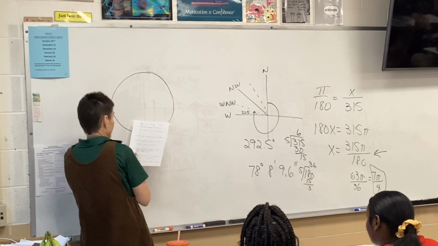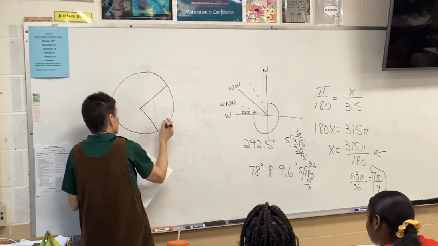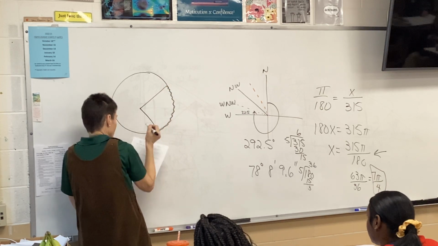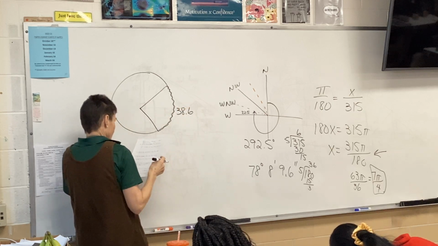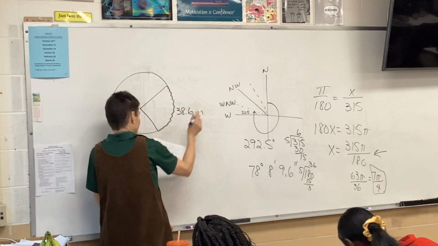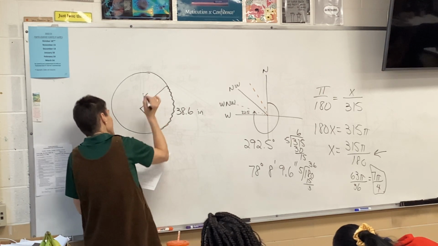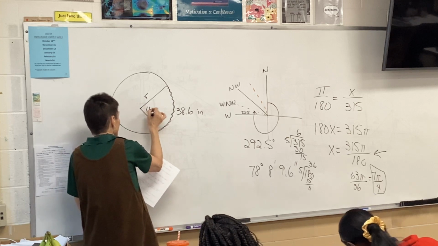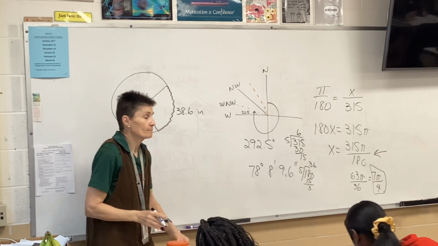Next question talks about an arc. So here's my arc, right here. This is my arc. And it is 38.6 inches long. Find the radius if the central angle is 1.4 radians.